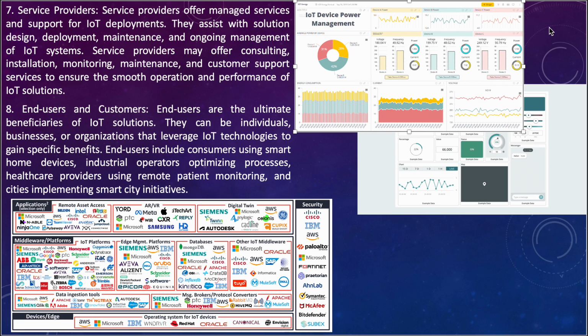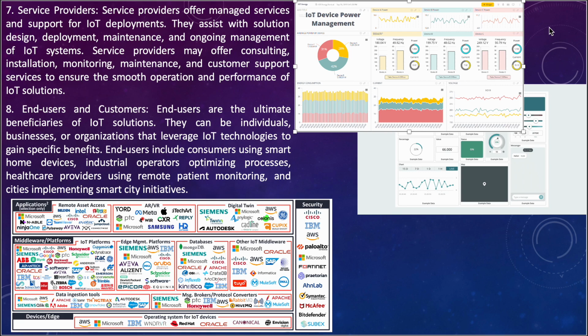So end users and customers. End users are the ultimate beneficiaries of IoT solutions. They can be individuals, businesses, organizations that leverage IoT technologies to gain specific benefits. End users include customers using smart home devices, industrial operators optimizing processes, healthcare providers using remote patient monitoring, and cities implementing smart city initiatives.